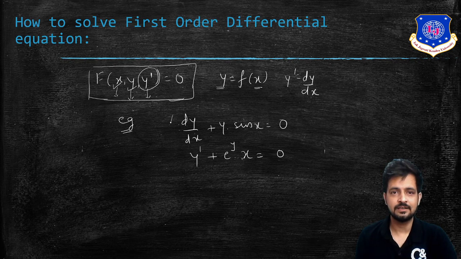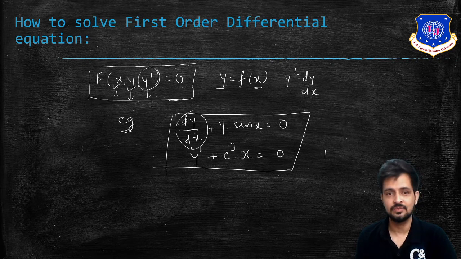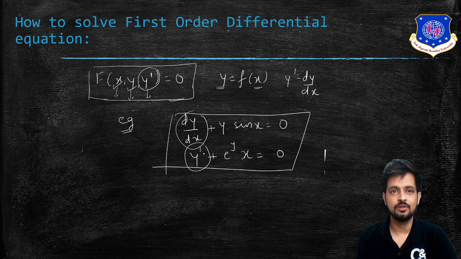These are examples of first order differential equations because only the dy by dx term, only y dash, is there. We have to solve these types of differential equations in this chapter. We are not going to find the solution of higher order differential equations, but we are going to solve the first order differential equation.